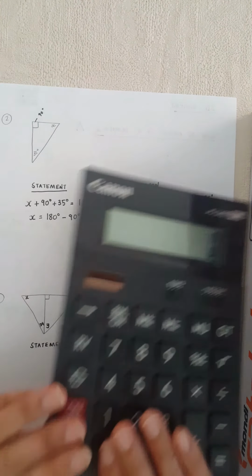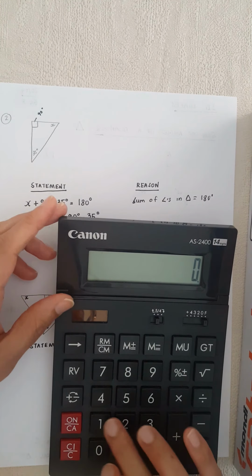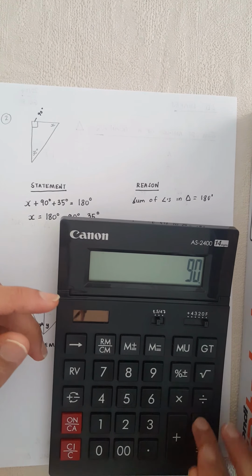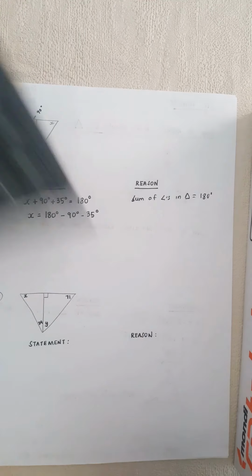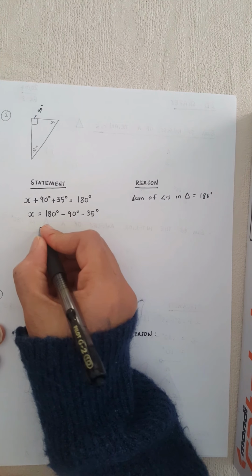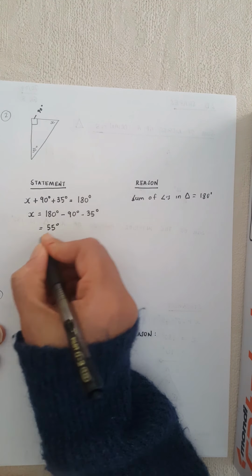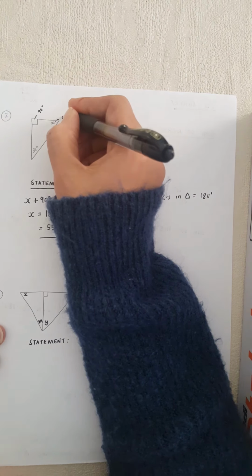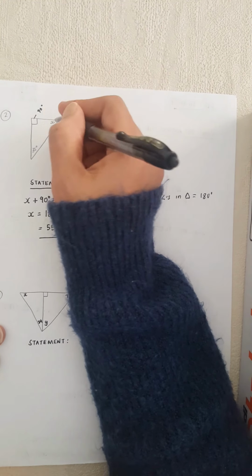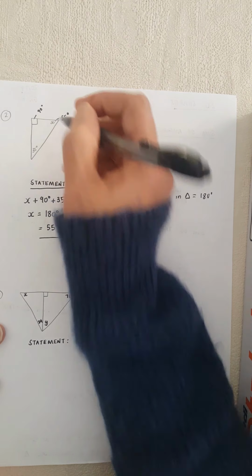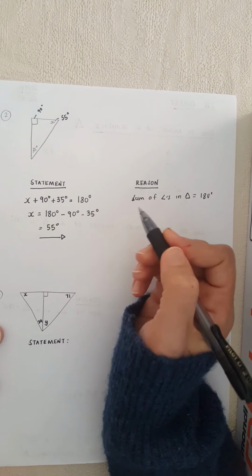So it's calculator time. 180 minus 90 minus 35, I get 55 degrees. And you can do a test and see whether I've done it properly. So we get x to be 55 degrees. Can you see how I have solved the question? By adding them up and saying that they are equal to 180 degrees.